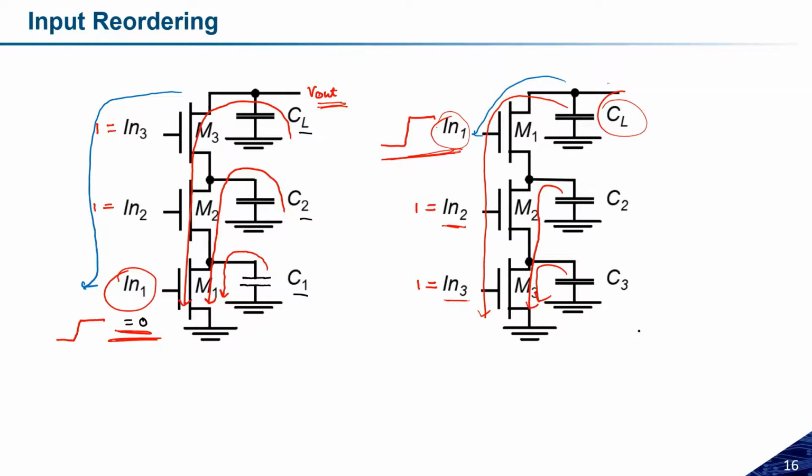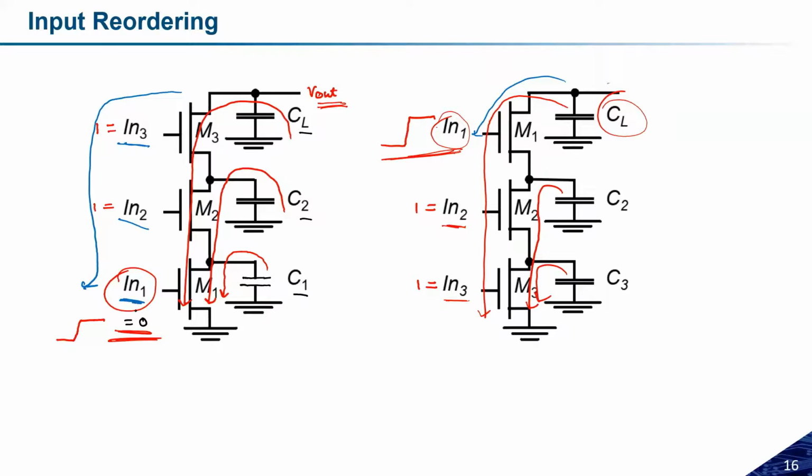Let me tell you this, because see, in the first case, I have provided IN1, IN3 and IN2 at logic 1. Okay, and the change in IN1 decides the change at the output. So if any input is deciding the function of the output, that node is known as the critical node, or the critical input, and the path between the critical node and the output, that we call the critical path.